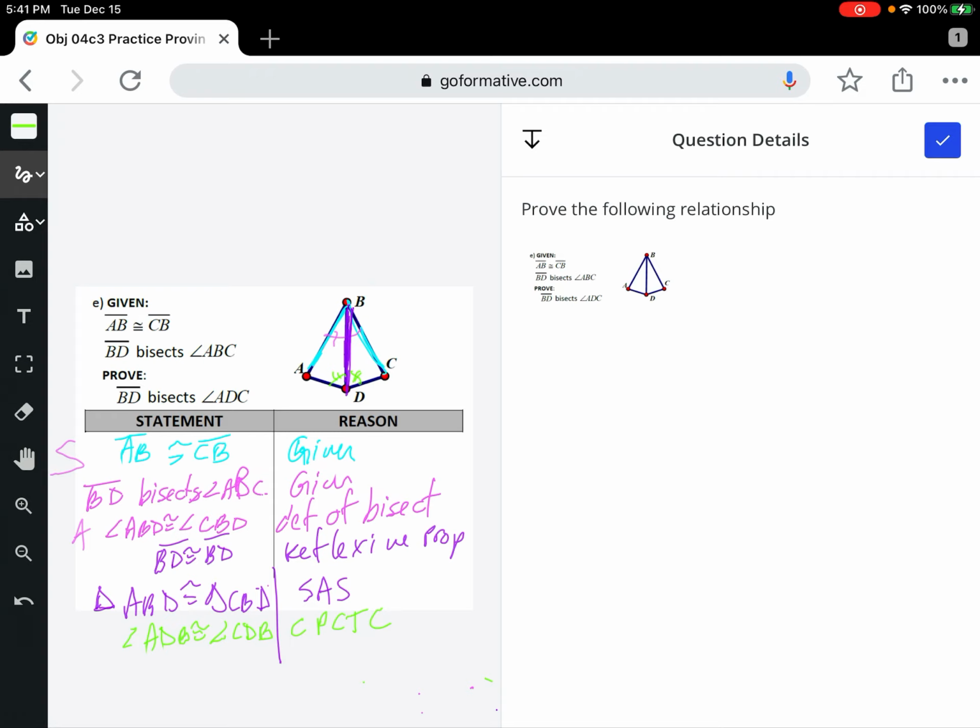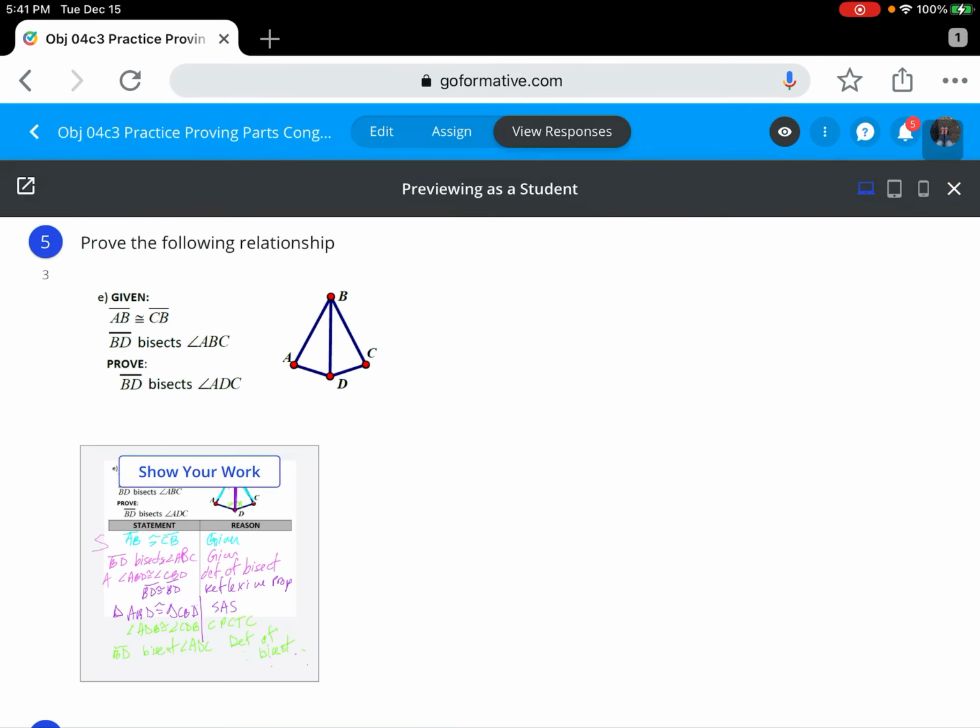Knowing that, because those angles are congruent, then BD must be a bisector by definition of bisect. So BD bisects angle ADC.